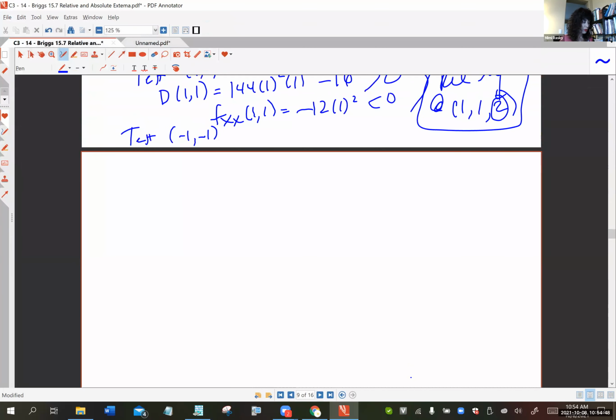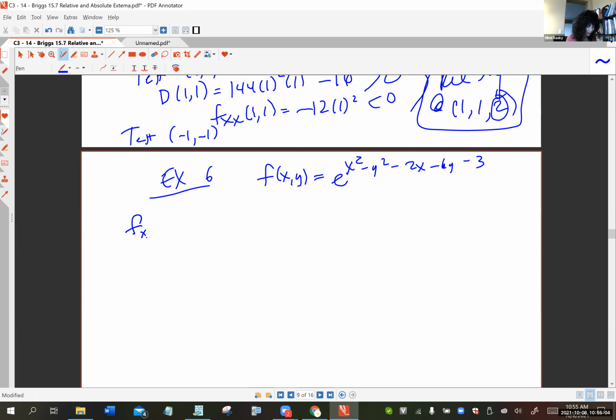So this one's a little bit trickier, and it requires all of our resources from calculus and pre-calc and all that stuff. So let's take a look at this guy. So first, get your partials. All right. So I'm going to do this a little bit loosey-goosey here, but to take a derivative of e to the something, e to the u, from Calc 1, you learned using the chain rule, it's e to the u times u prime, where u prime would be the derivative of that u with respect to x.